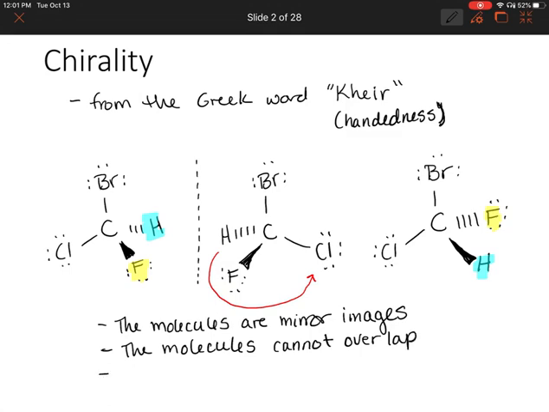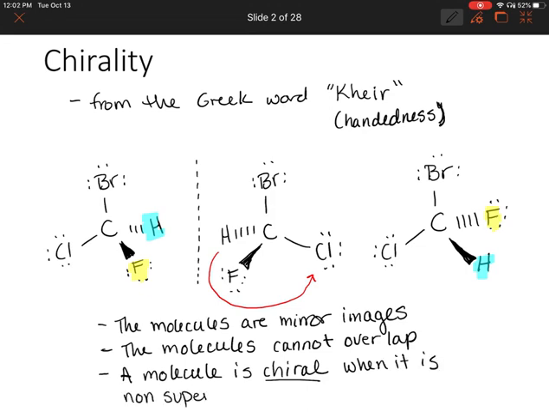So a molecule is chiral when it is non-superimposable on its mirror image.